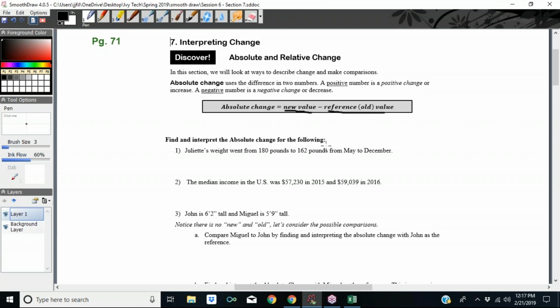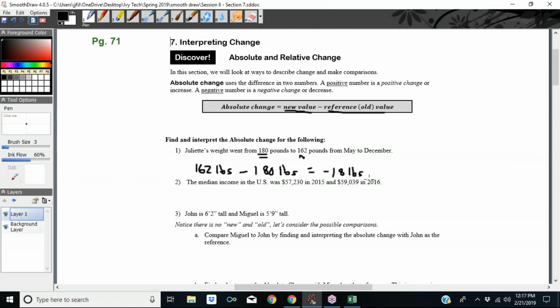So in question 1 here, it says, Juliet's weight went from 180 pounds to 162 pounds from May to December. So here's the starting amount, 180, and here's the new amount. So we would do 162 pounds minus 180 pounds, and that is negative 18 pounds.